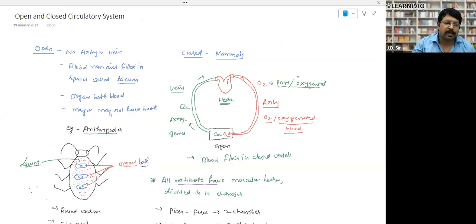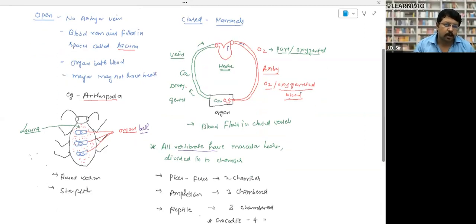Blood remains filled in spaces called lacuna. Suppose this is an arthropod, an insect. Insects have an open blood circulatory system. Inside the body of the insect, these spaces are called lacuna, and in these lacuna blood remains filled. The organs remain floating in this blood, so the organs bathe in the blood. There are no blood vessels.